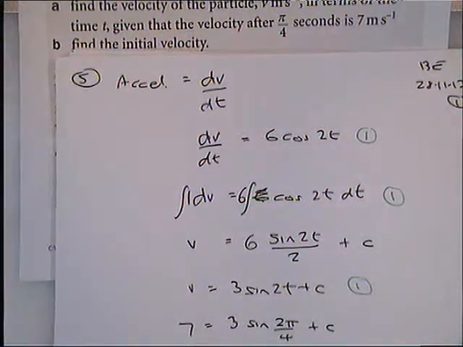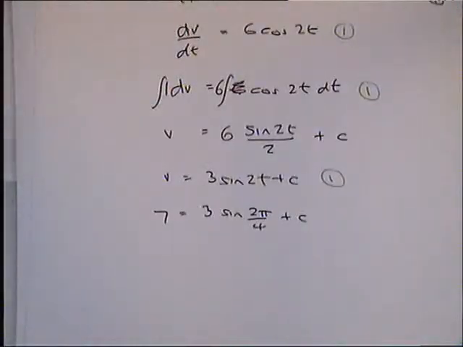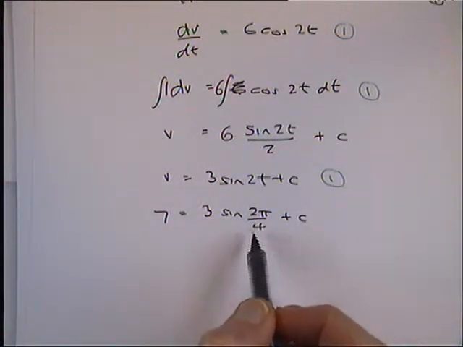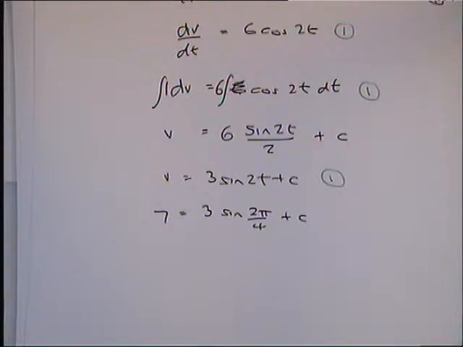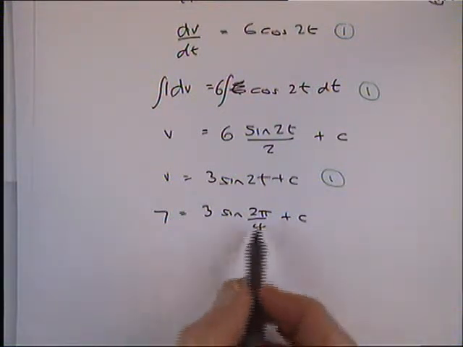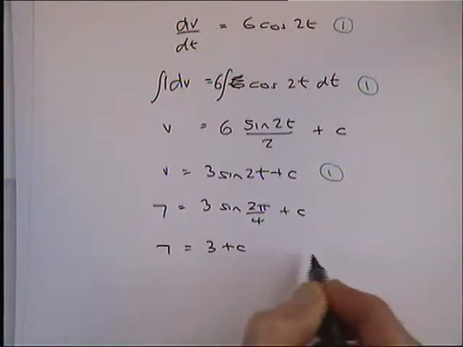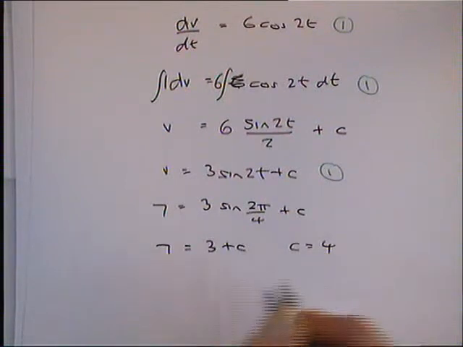Then I can find out what my c is, and I can go from my general solution to my specific solution. 2 times pi by 4 is the same as pi by 2. What is sine of pi by 2? 1. So I get 7 is 3 lots of 1 plus c. So that tells me that c must be equal to 4.